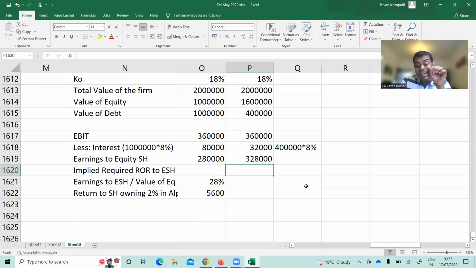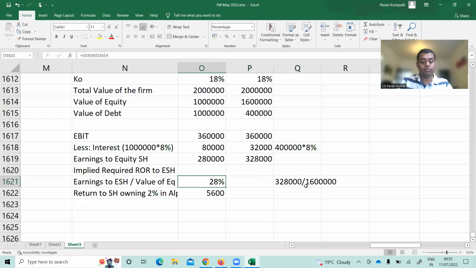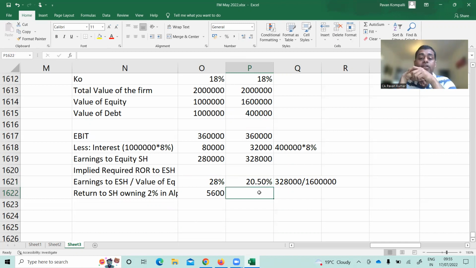Now calculate the implied required rate of return to equity shareholders. Please be careful. 3,28,000 is the earnings to equity shareholders divided by value of equity, 16 lakhs. So if you calculate, it is 20%. To be more precise, it will be 20.5%.